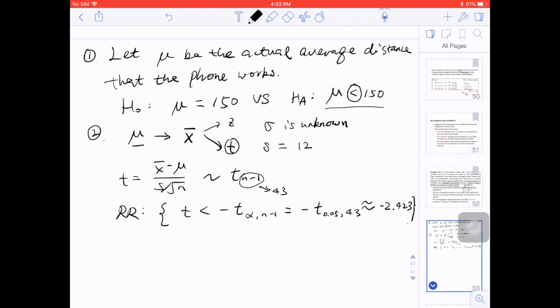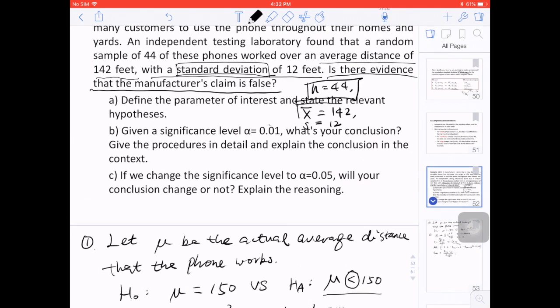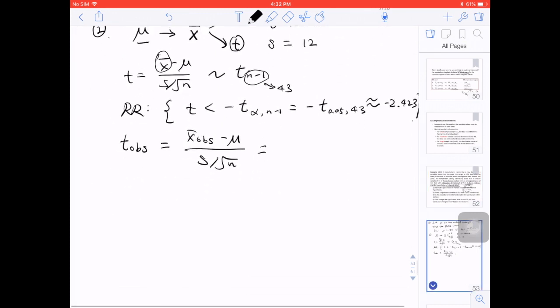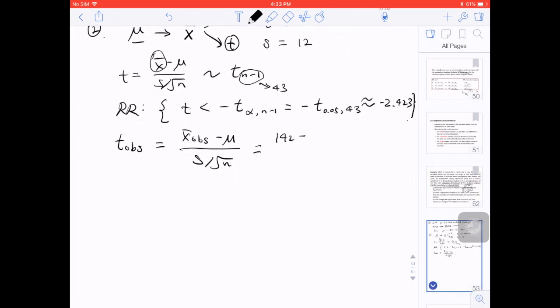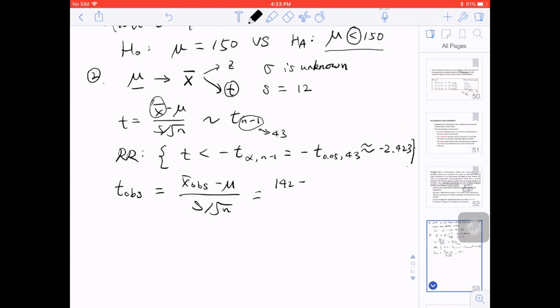Okay, then we compute the observed t statistic by plugging in the value of x bar. What you have observed is that x bar is equal to 142. So 142 minus mu, which is 150, divided by s, which is 12, over square root of n, with n equal to 44.